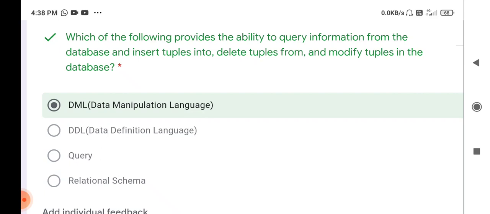Create and alter are called data definition language. Data definition language is applied directly on the schema of the database, right? And operations performed on the database are called data manipulation language. So insert, delete, modify are data manipulation language operations. So the correct option is option number 1.